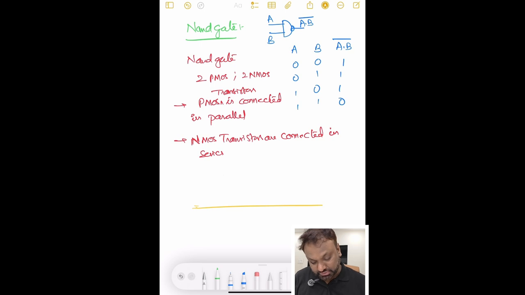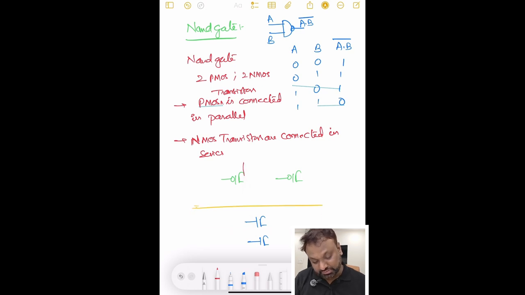Let us try to draw the implementation now. So here I have PMOS transistors connected in parallel, and NMOS transistors, let us take the other one, connected in series. Now let us try to connect all these things.